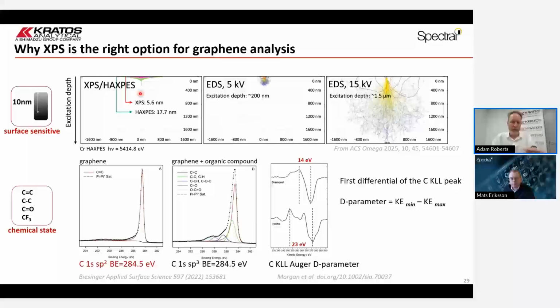And as we've highlighted previously, we're then able to really determine the chemistry, and there's some nice little tricks. These are our reference spectra for a graphene material, and it has a very characteristic asymmetric carbon 1s spectrum.